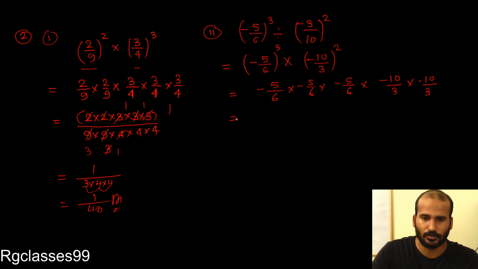So this is 5 into 5 into 5 into 10 into 10. Just look at 1 time minus, 2 times minus, 3 times minus, 4 times and 5 times minus, so minus will definitely become. And 5 5s are 25, 25 5s are 125. So this will be 125 and 10 10s are 100, so this will be 0 0.